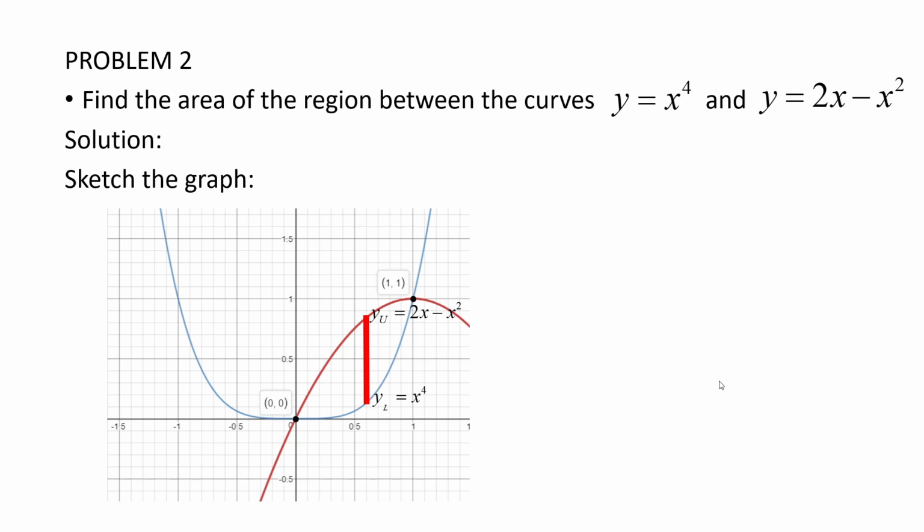Okay, so let's try solving it using the two methods. Let's try to solve it using vertical strip first. Since it's already given in the figure, area is equal to the integral from x1 to x2 of y top minus y bottom dx.